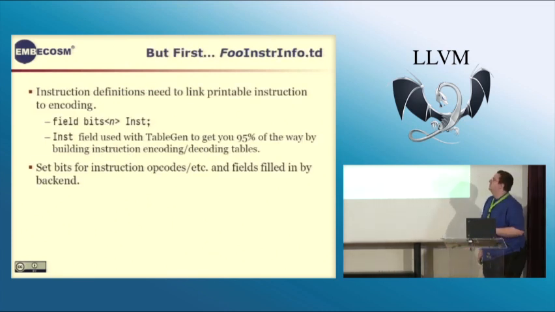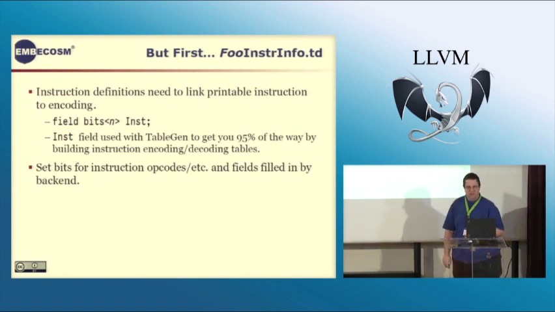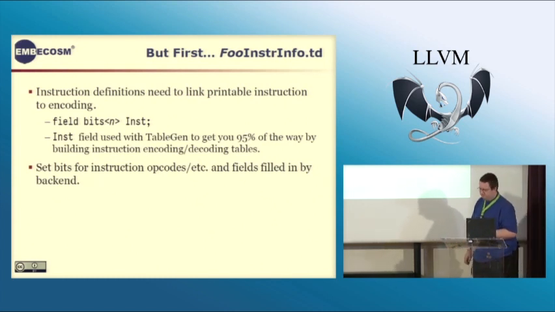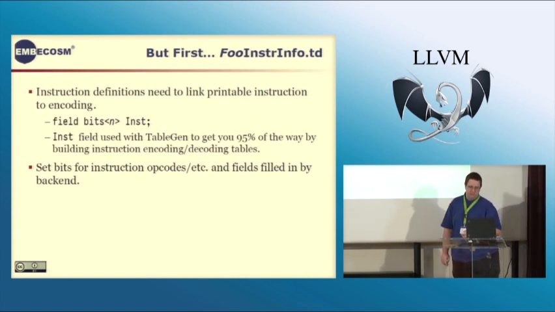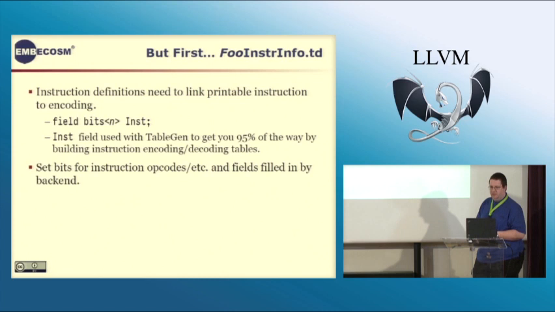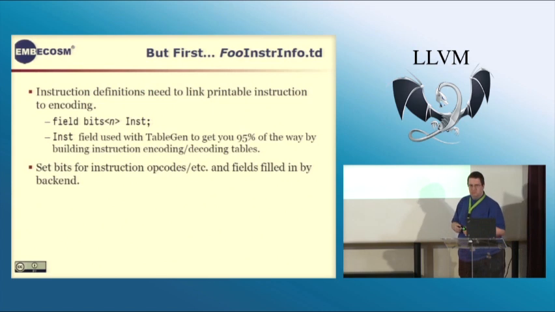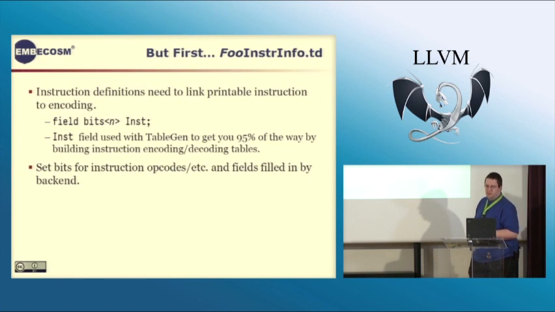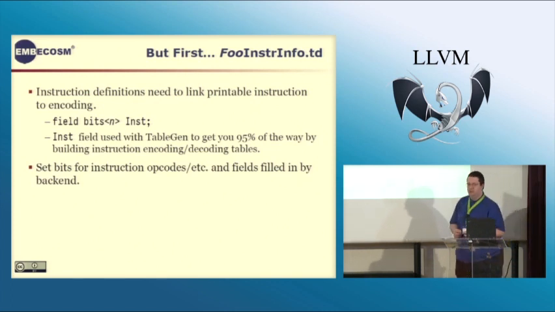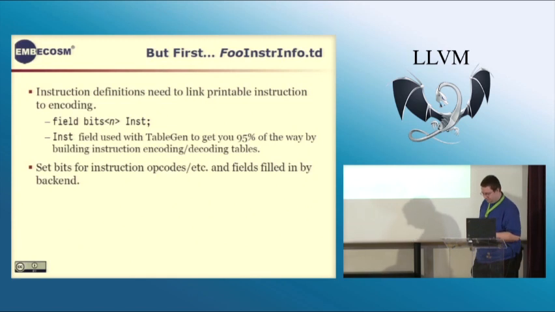Right, well, first you need to check that you've got everything that you need in your instruction definition so that TableGen can get you 95% of the way there, and then you can add all the corner cases. Now, in your instruction definition, there is this field, bits, which unsurprisingly stores your encoding. So what you will first need to make sure is that for all the instructions you want to encode and decode, you've told the definition what your opcodes are.